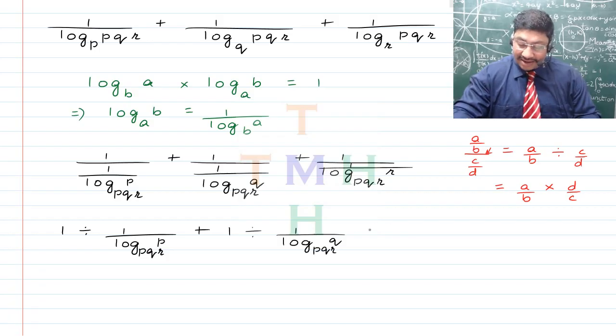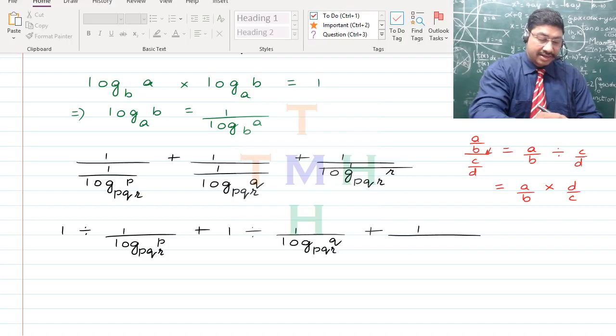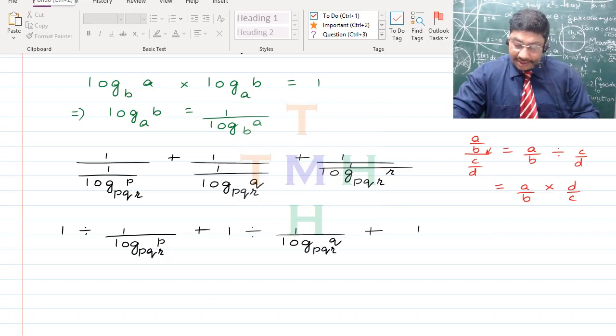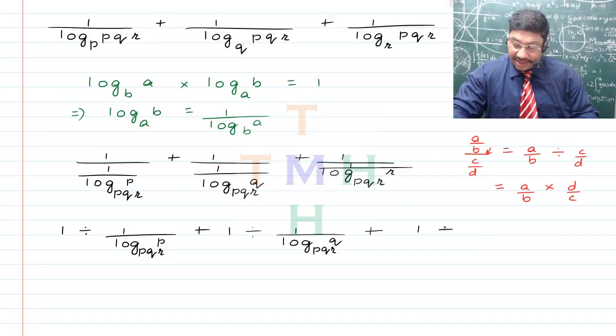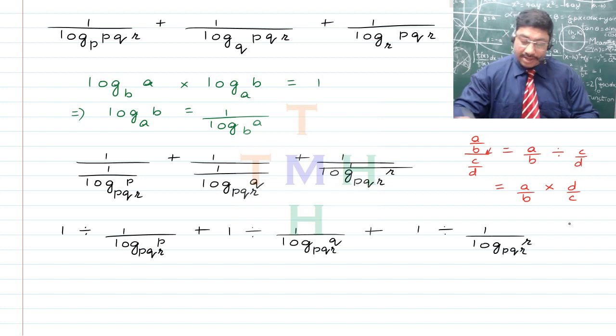And further to that is added 1 divided by 1 upon log of r to the base pqr, right?